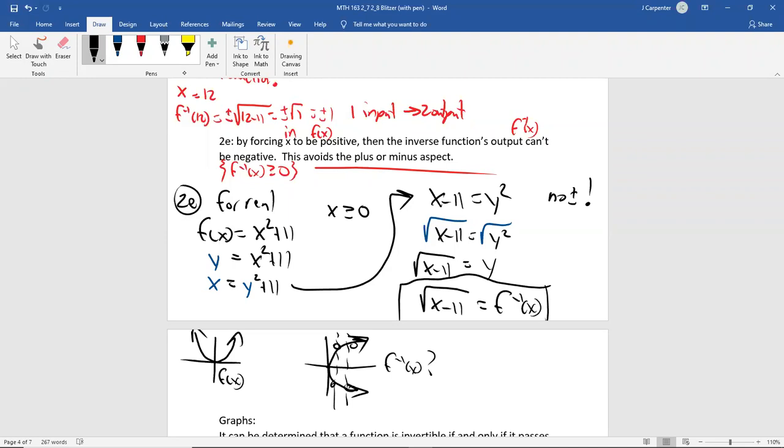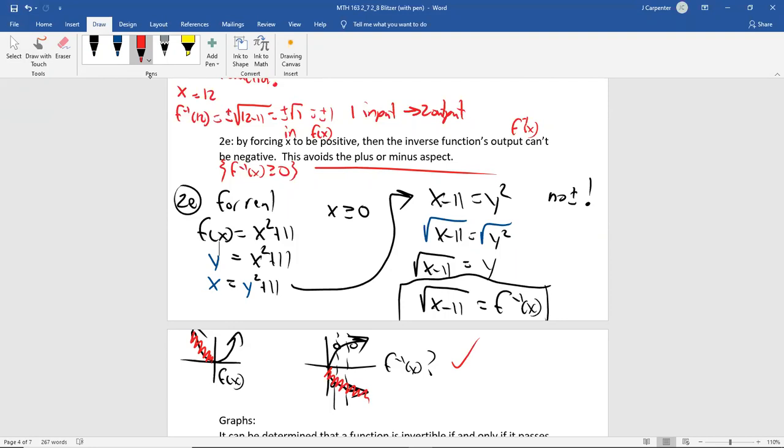But by clipping half of this thing, by restricting the x's to be positive so I don't have this leg, this leg goes away, and now it is a function once you clip it. So by cutting one leg of the parabola off, when you do whatever it is you do to create your inverse function, I haven't described it yet, but this is the idea. Now it would pass the vertical line test. That's the idea.